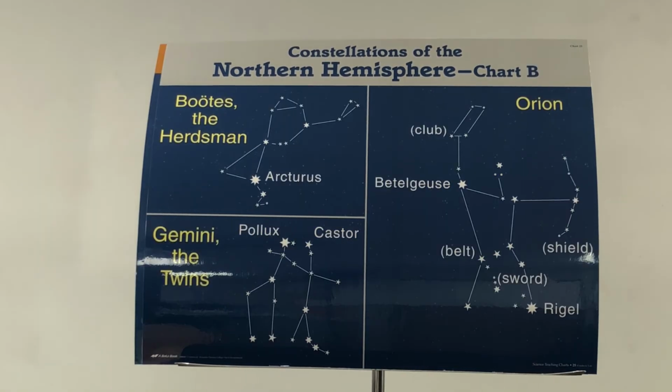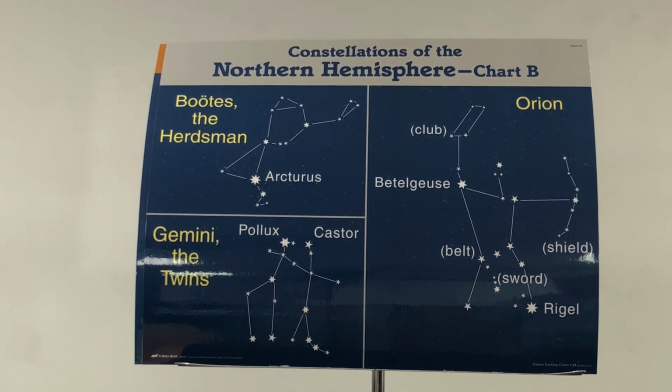A few more of the constellations we went over. The Boots, the herdsman. We said that we remembered he had a triangle hat. Okay, he's also blowing a horn out the top, and he is bending his knees. So make sure you can pick that one out.